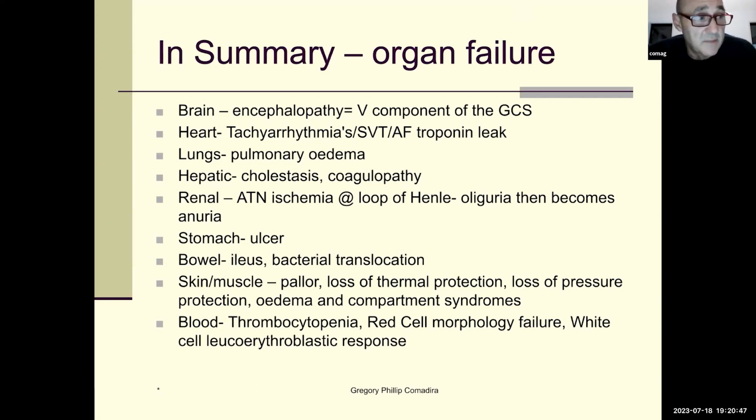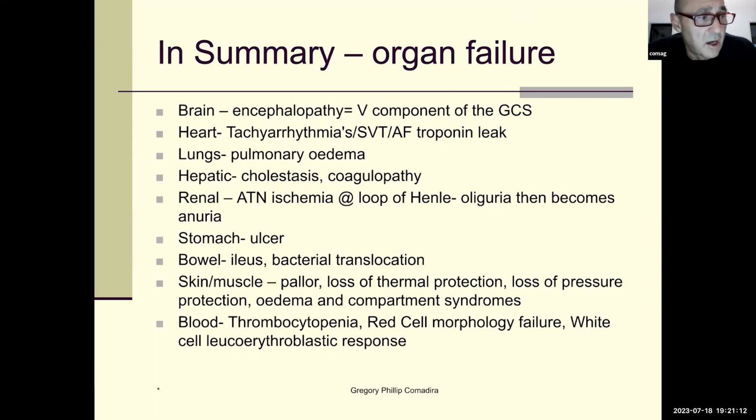Consequently, pulmonary edema we see in every form of trauma. You break your ankle today, I will guarantee you your A-a gradient is up tomorrow because of the inflammatory response. Livers get a coagulopathy and eventually a cholestasis. Kidneys, ATN, so you lose your ability to concentrate urine, then you lose your ability to make any urine.